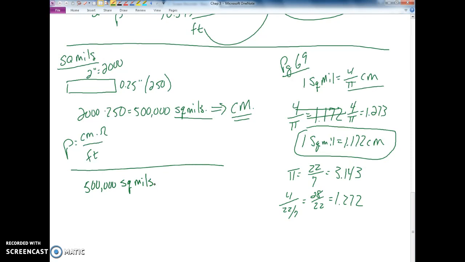And I have my conversion square mills to circular mills. And so I know that there are 1.273 circular mills for every 1 square mill.